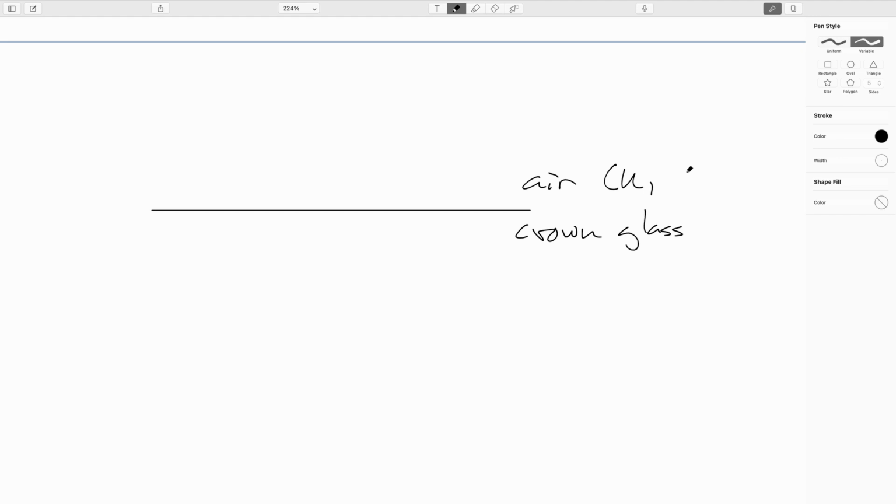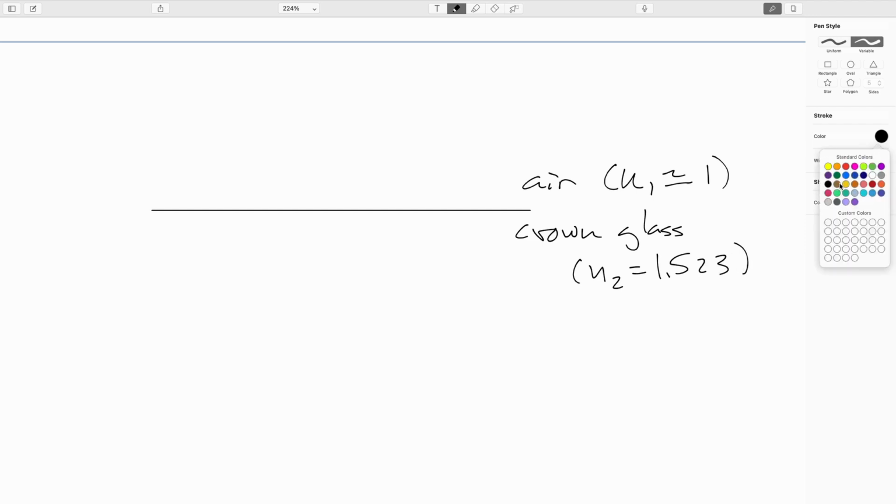So here, the index in air, we are going to approximate as 1 because it's really close to that. And the index of refraction for crown glass is 1.523. All right.